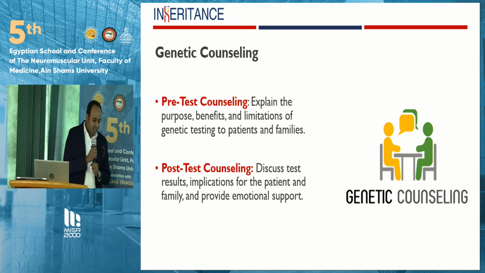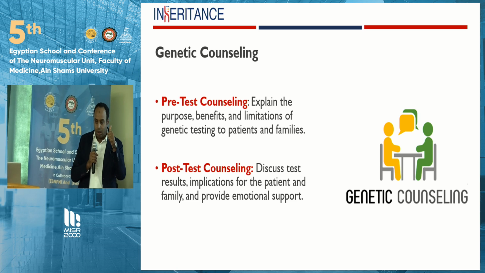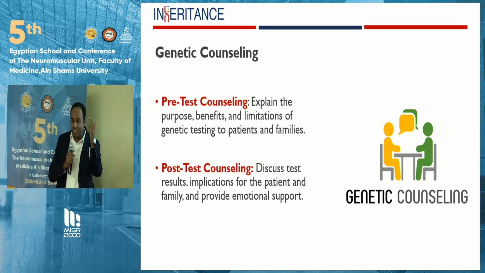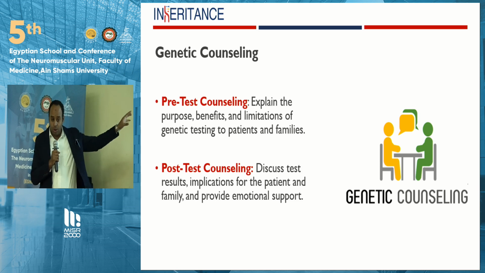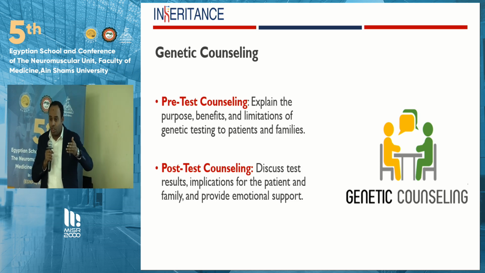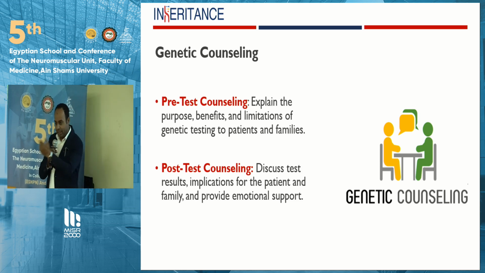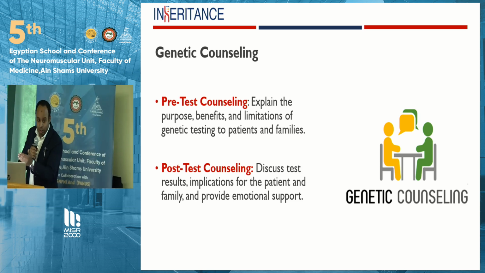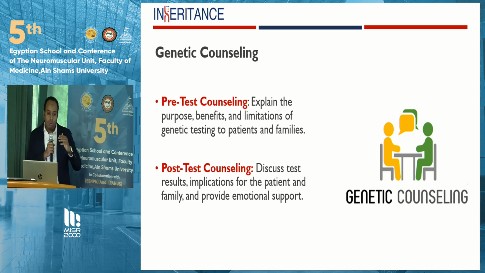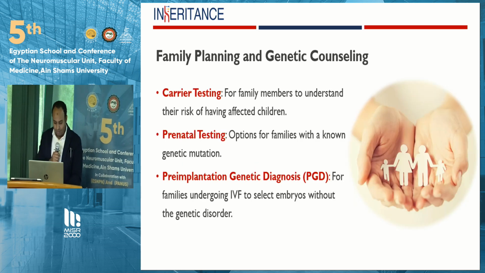And for the post-test counseling, we do not touch anything related to the treatment or the plan, what they're going to do, because all those things have to come from the physician. But what we discuss in the post-test is the consequences. So what's the probability of his family members having this condition or not? What he can do to confirm and do things, okay?